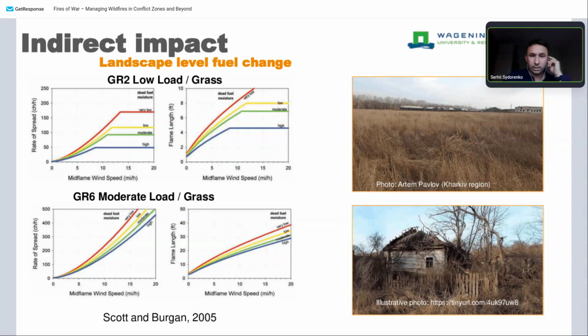And another thing is that we also need to think about the social dimension, because those territories are quite close to the front line, and it means that our government makes a lot of effort for safe evacuation of people from most of these villages or small towns near the front line or in the buffer zone, where we see these changes of vegetation.